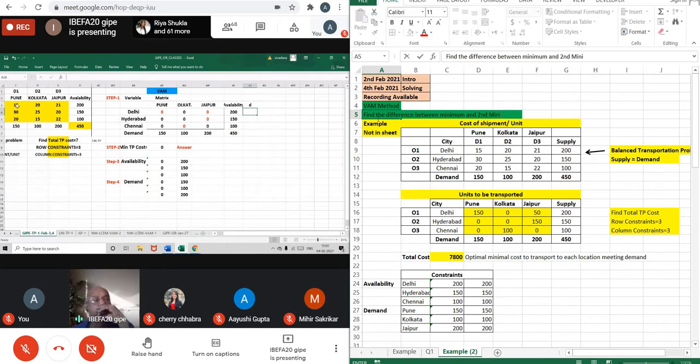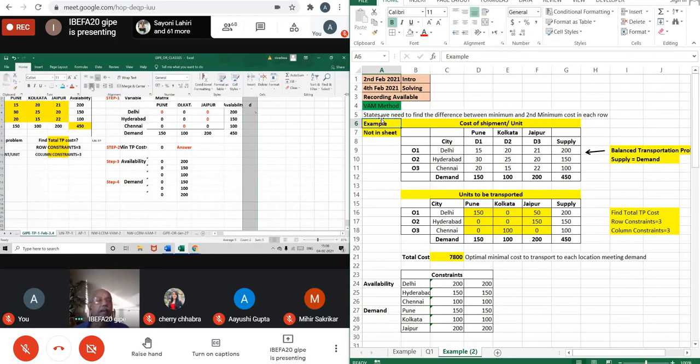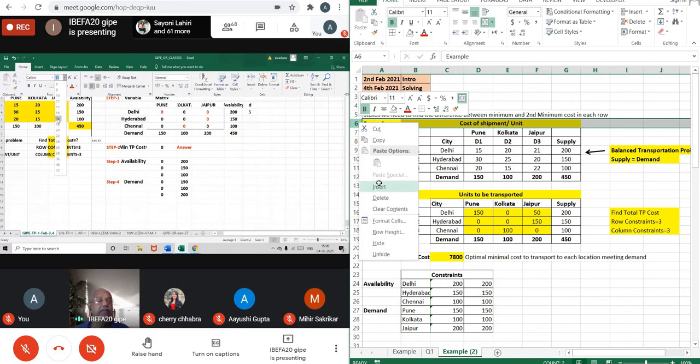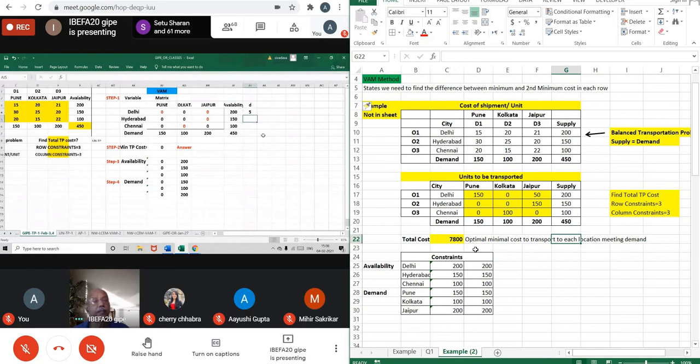Say the first row, 15 and 20 are the minimum and next minimum. The difference is 5. Next row, 20 and 25, the difference is 5. Third row, 20 and 15, the difference is 5. That is the first work.